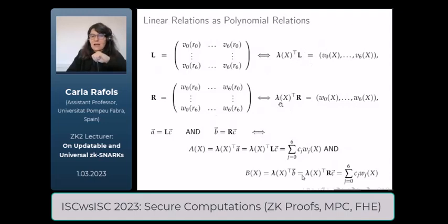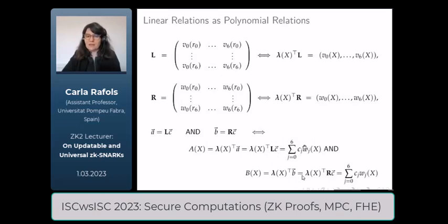If I multiply lambda times R, I get another vector of polynomials. And these two linear relations, which is what I want to prove, amount to proving that the polynomial A of X, which by definition is the polynomial that evaluates to Ai in point Ri, should also be of this form. So this polynomial should be a linear combination.